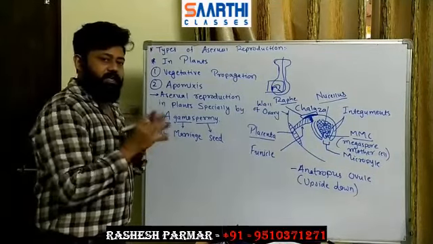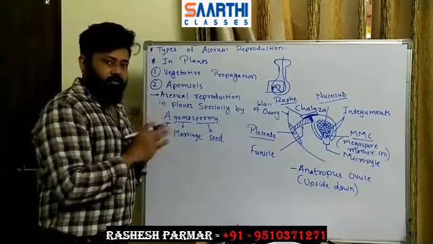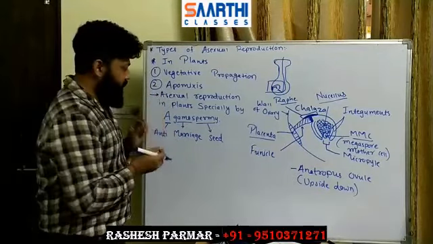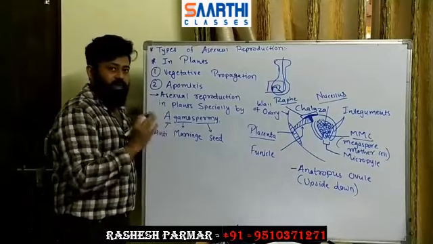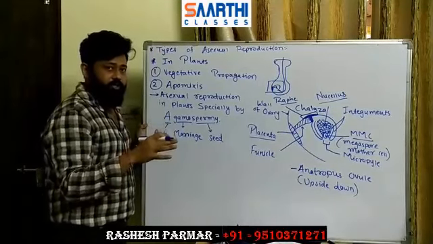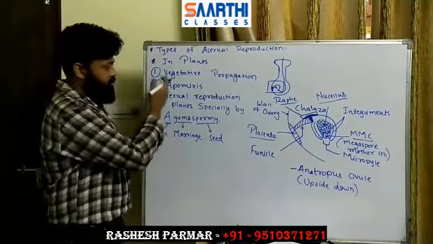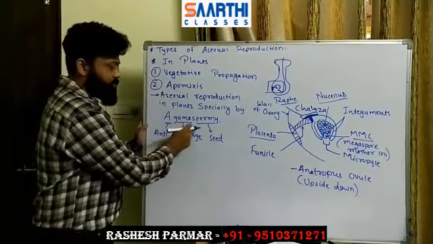Generally, seeds are produced after sexual reproduction or after fusion of male and female gamete. But here there is no fusion of male and female gamete. There is no fertilization. Without fertilization, the seeds are produced. So it is called agamospermy as well.